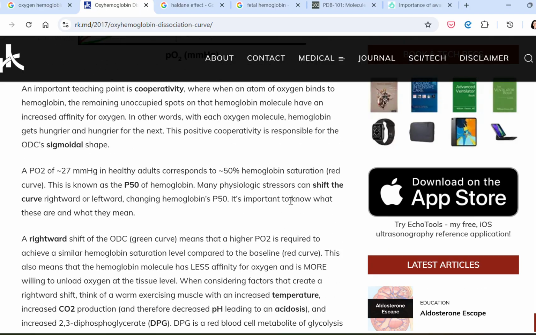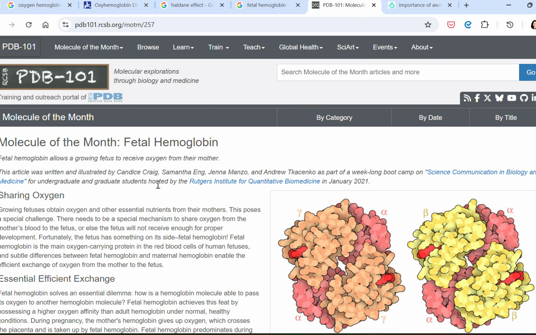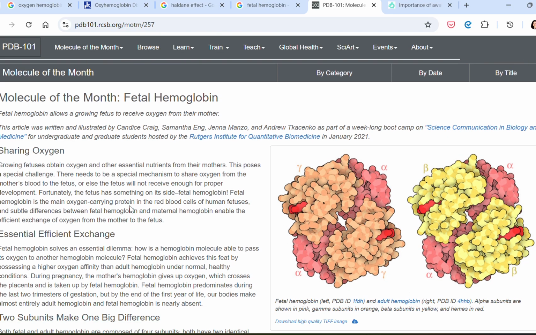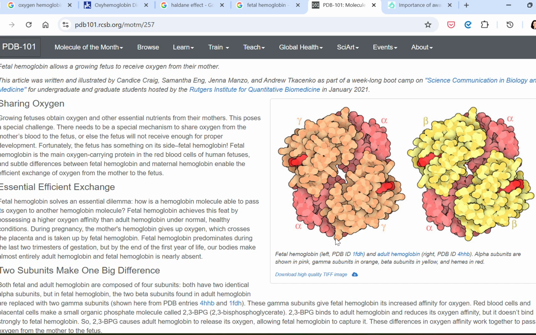Now, because we are talking about fetal hemoglobin, I realized that in the PDB there is a fetal hemoglobin page as well. This is the normal one, with 2 alpha chains and 2 beta chains. In fetal hemoglobin, we have 2 gamma chains instead of beta chains.